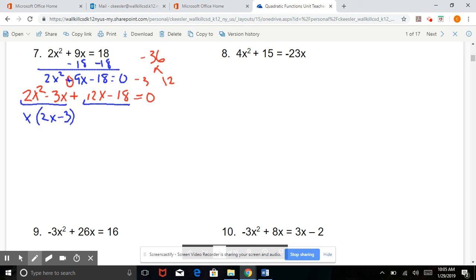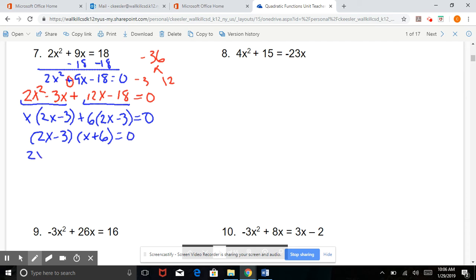From the second set of terms, we can take out 6. 6 times 2x gives us 12x, and 6 times negative 3 gives us negative 18. There we have a common factor of 2x minus 3. And when that is factored out one further step, we're left with x plus 6. Again, making sure we bring down the equal 0 all along to prove that we're solving.